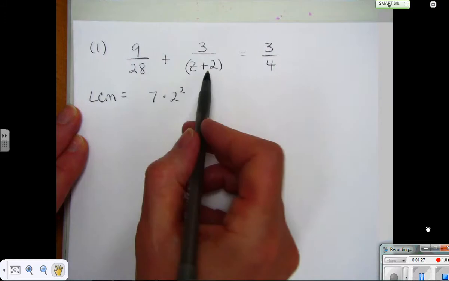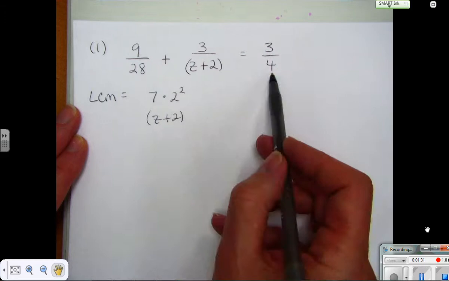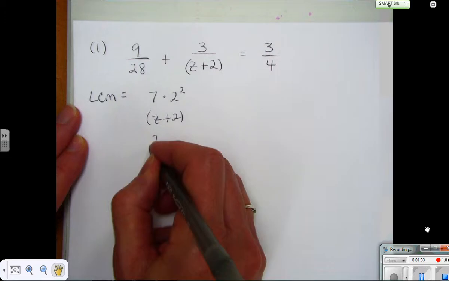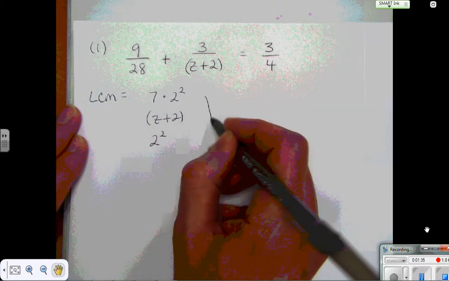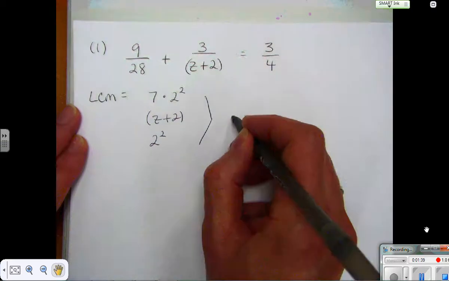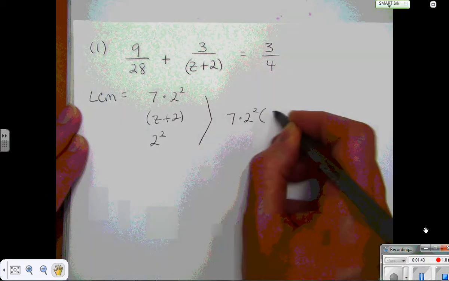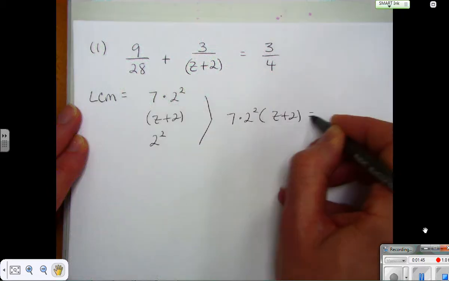The second denominator is z plus 2. The third denominator is 2 squared. So that means that my LCM, or common denominator, is going to be 7 times 2 squared times z plus 2, which is 28 times z plus 2.